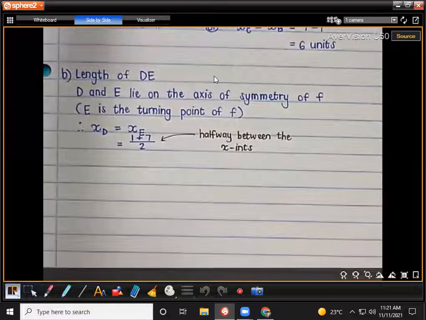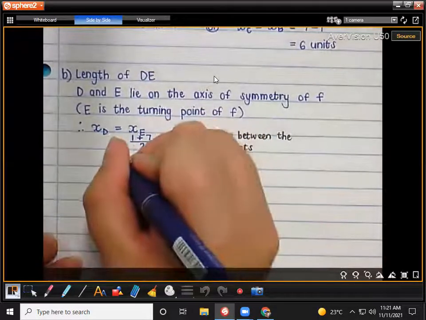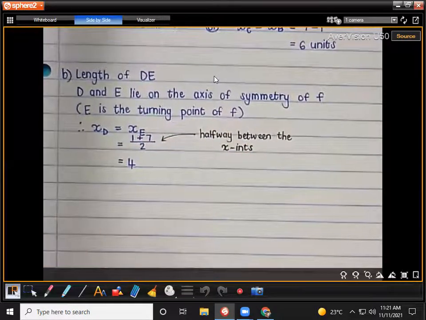Then you can always use this to find the X value of the turning point by adding the two X-intercepts together and then dividing that by 2. So you're finding the value that's halfway between the two X-intercepts. So 1 plus 7 is 8, divided by 2 is 4. Right, so that's the X value of those 2 points.